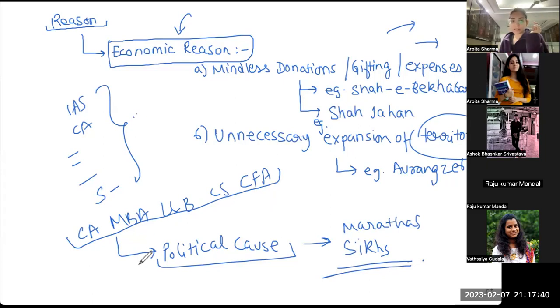Moving ahead. The third reason will be the religious reason. See, if there is a ruler over your head, but that ruler is not protecting or taking care of your sentiments, not respecting your culture, your tradition, would you ever support him?